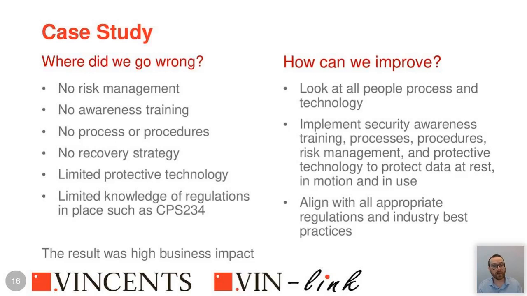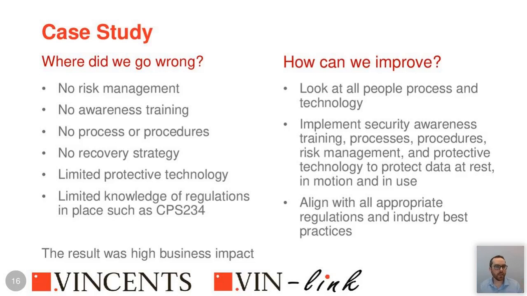Phishing is, again, the number one risk, along with ransomware. All staff should know what to look out for, the indicators and whatnot. Last point here: the company had limited knowledge of regulation, such as CPS 234. That's just bad, I guess. With that, that's how you get to all the above points.